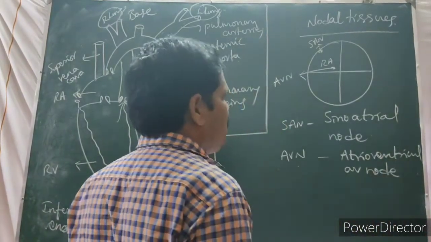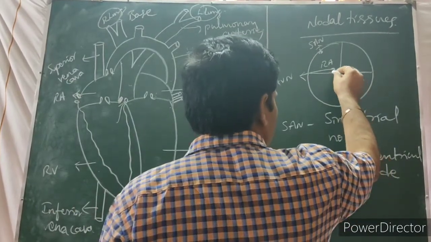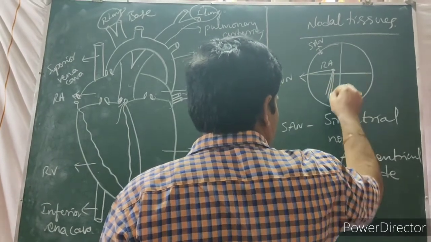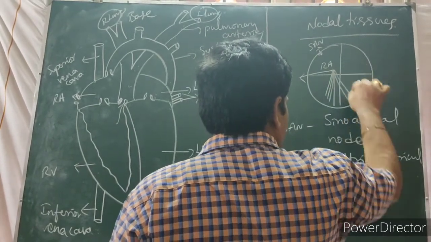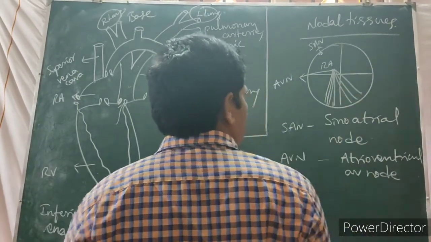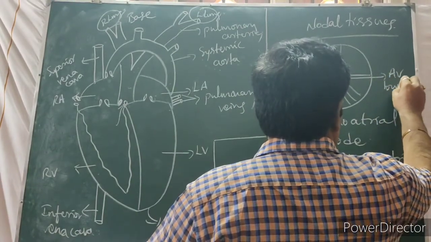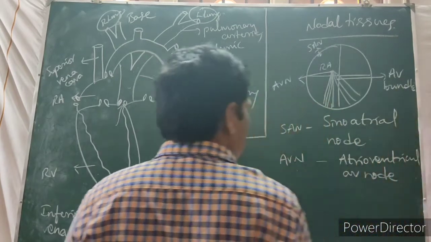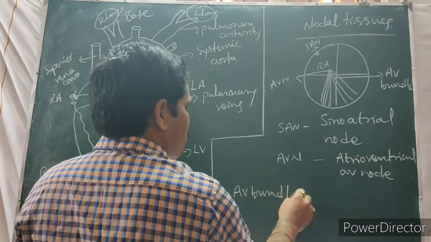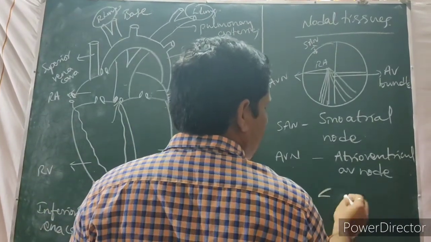Atrioventricular node. Then from here onwards, the AV bundles start. These are the AV bundles, which are divided into the right and left AV bundles.